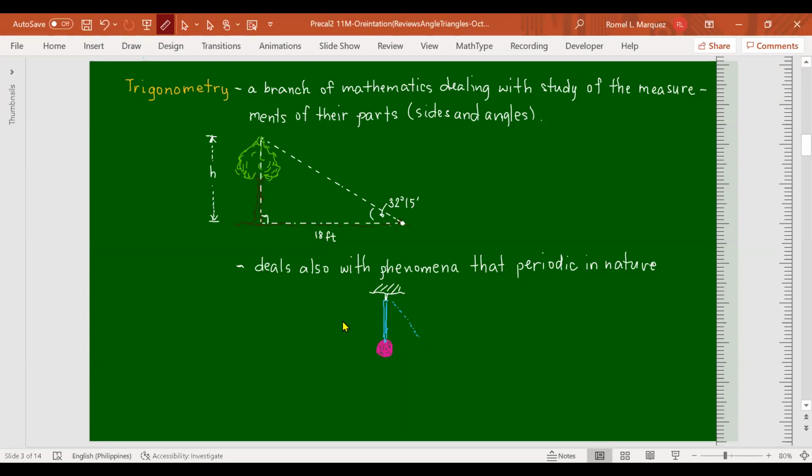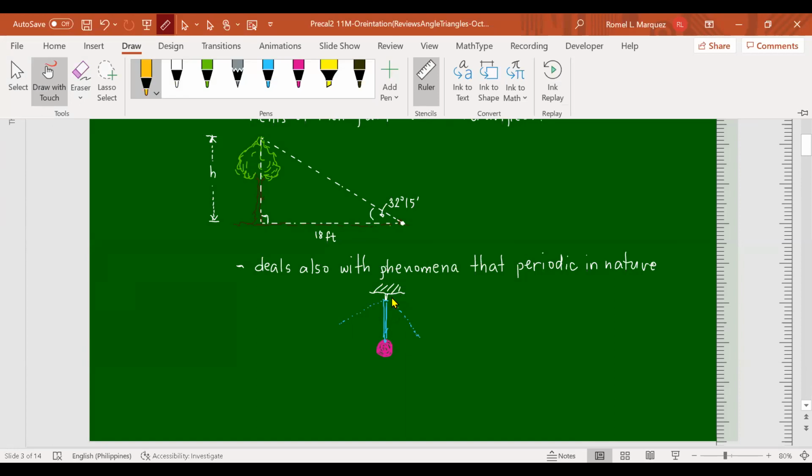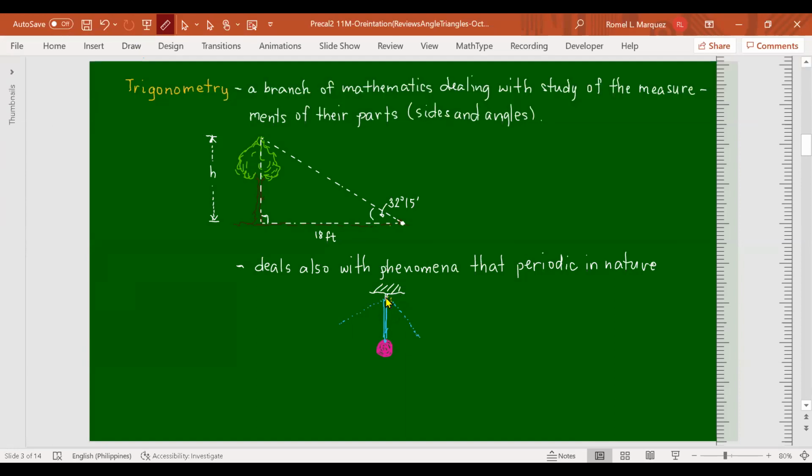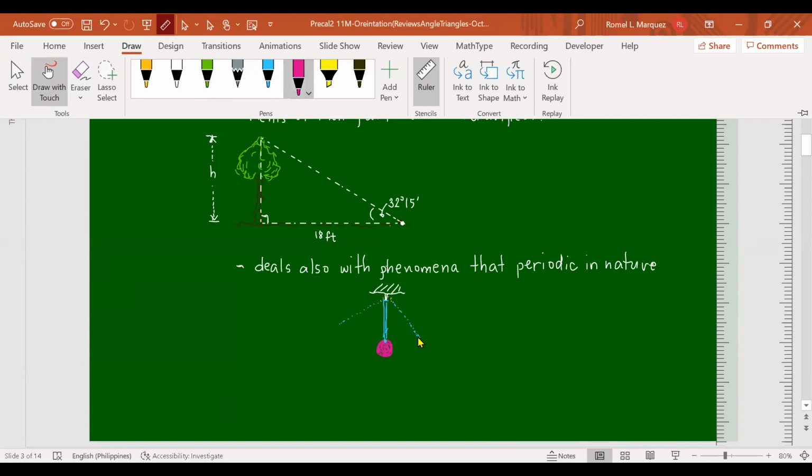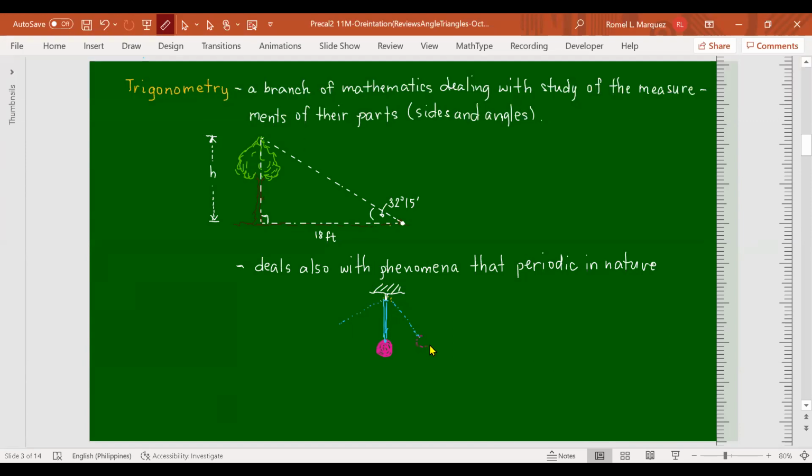Assume it reaches a point like that, somewhere here on the circle.